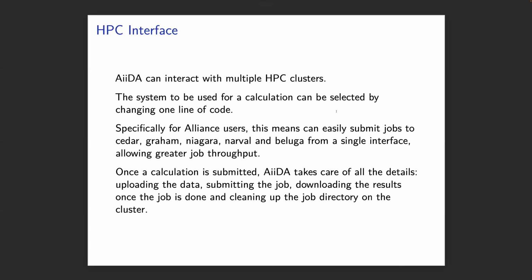Now, the key thing that AiiDA offers is the HPC interface, so it can interact with multiple HPC clusters. Once you have an HPC cluster set up as a computer in AiiDA, you can change one line of code to send your job to a different cluster. I would imagine this would be extremely useful to Alliance users, because in our setup, we have multiple clusters.